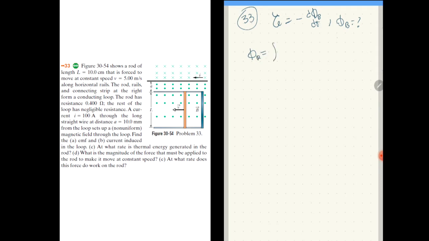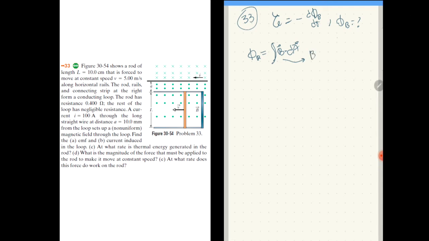is calculated by an integral of this form, the vector product of B dA, and this field B is the field generated by the current passing through the wire. So it can be calculated easily by Ampere's law.